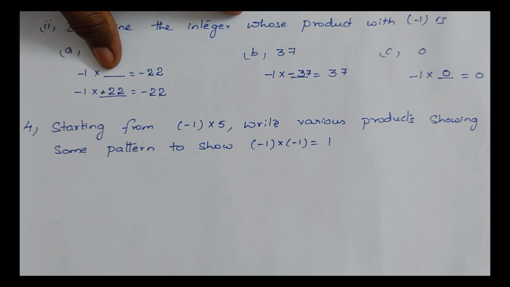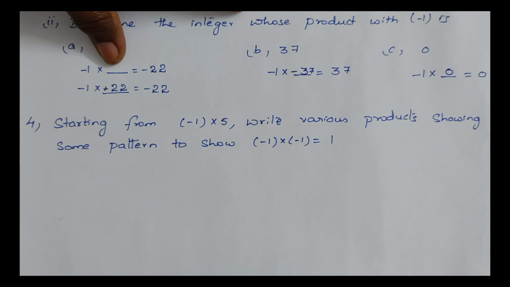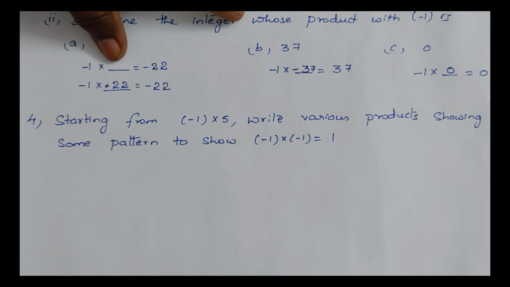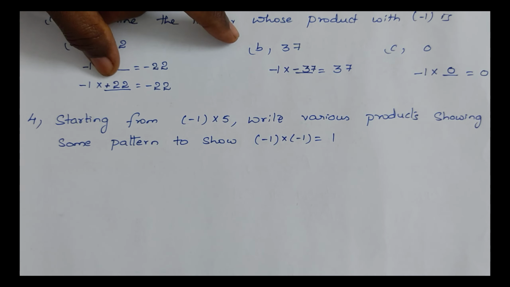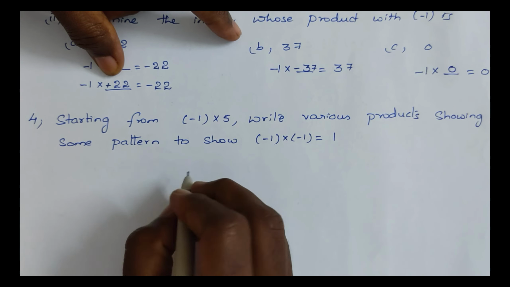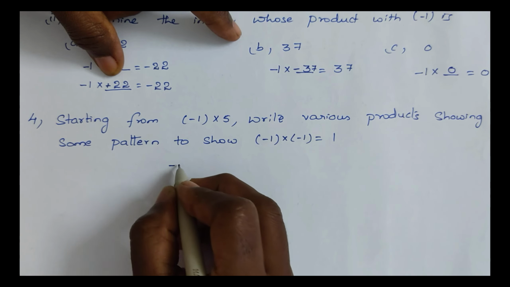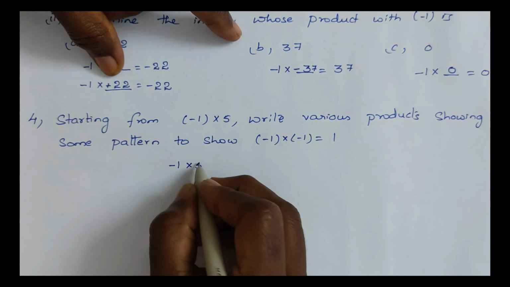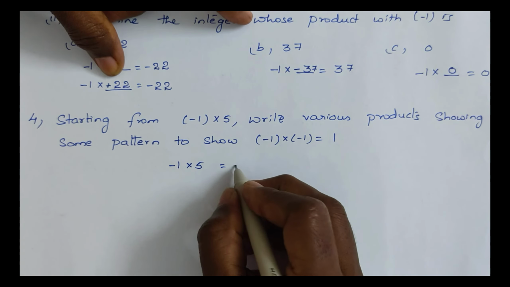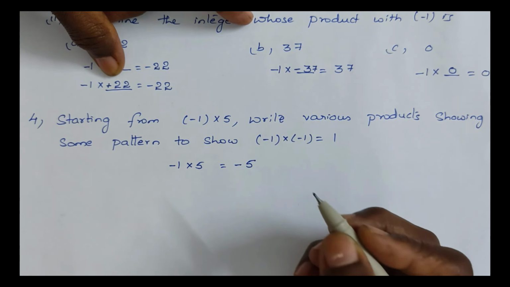Now starting from minus 1 into 5, write various products showing same pattern to show minus 1 into minus 1 is equal to 1. So the first starting, we are going to start with minus 1 into 5. What is minus 1 into 5? It gives you minus 5.